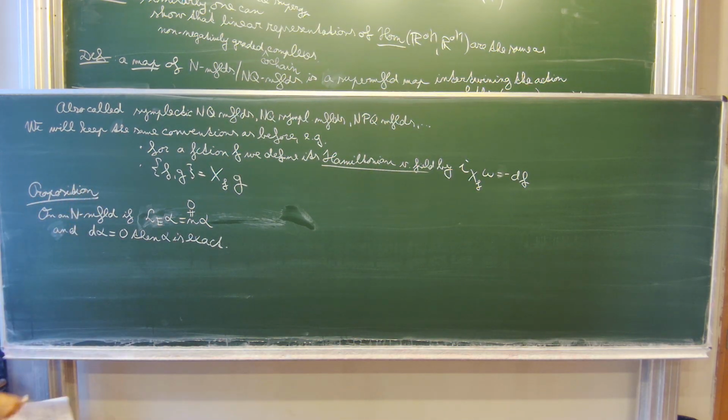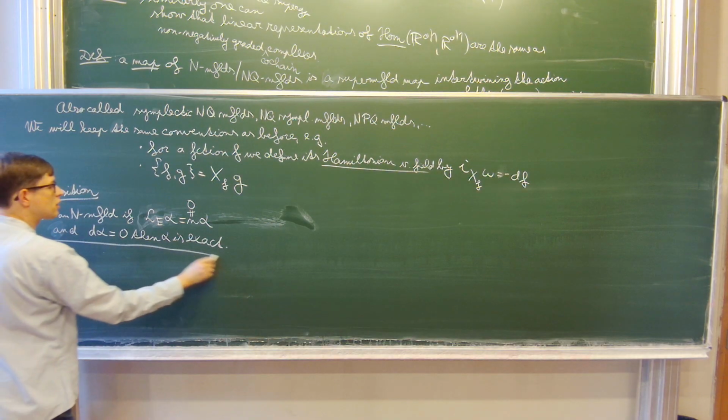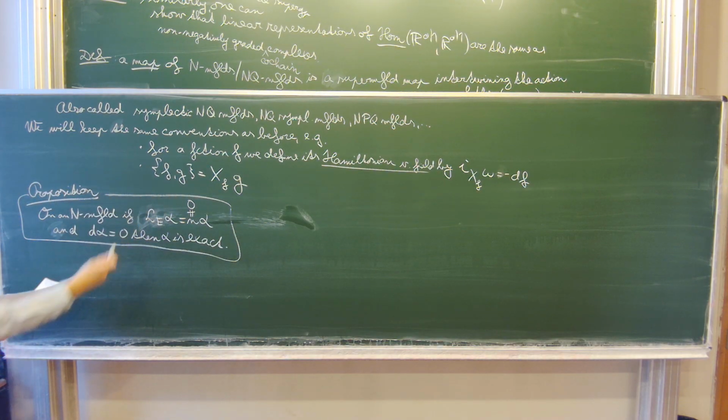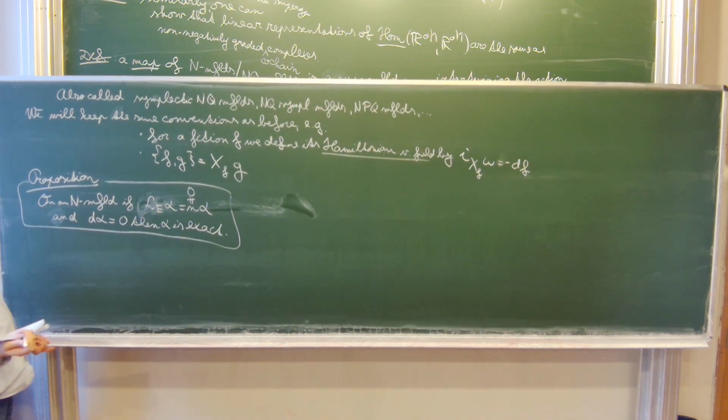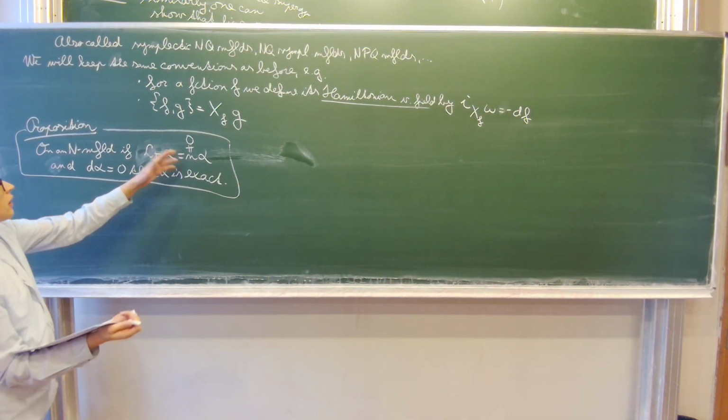So there is no cohomology in forms whose degree is bigger than 0. See, there is none.